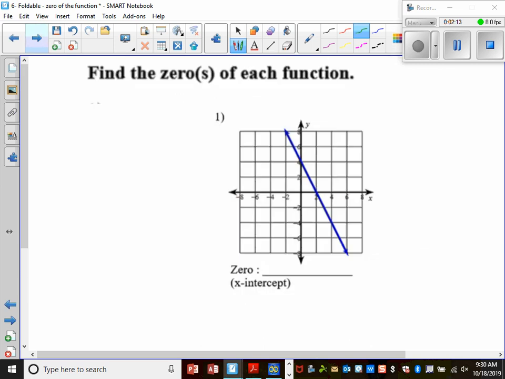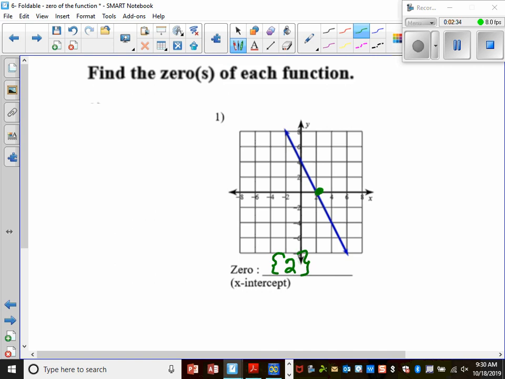Let's move on. So the first one, and again, visuals are great because you can just simply look at the graph and tell where it's crossing the x-axis right here. And we just simply write 2. Now, there are 2 ways you can write this.